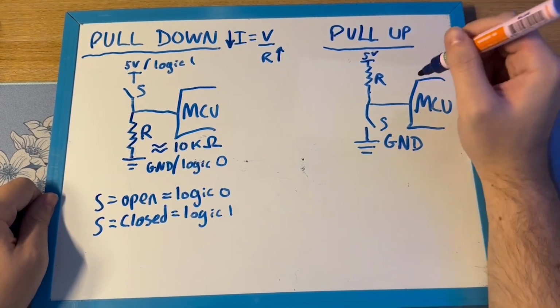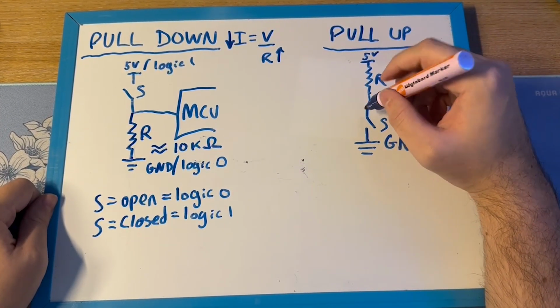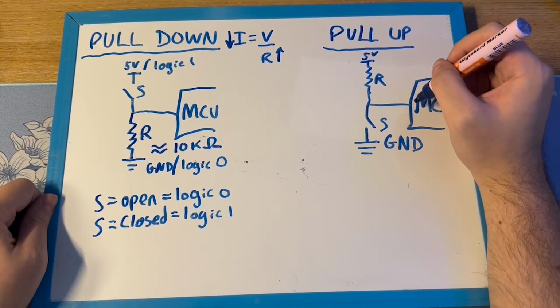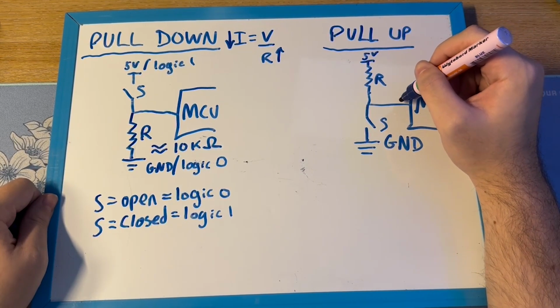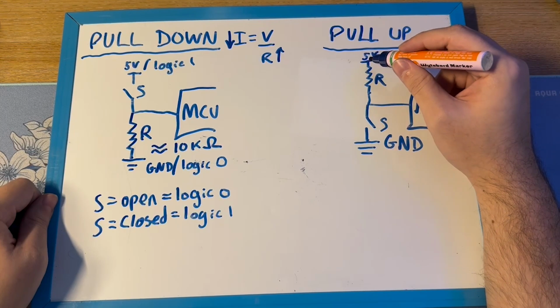Okay, so let's have a closer look at this. When this switch is open, this is an open circuit. The current will have no choice but to flow through this resistor to the 5-volt signal.